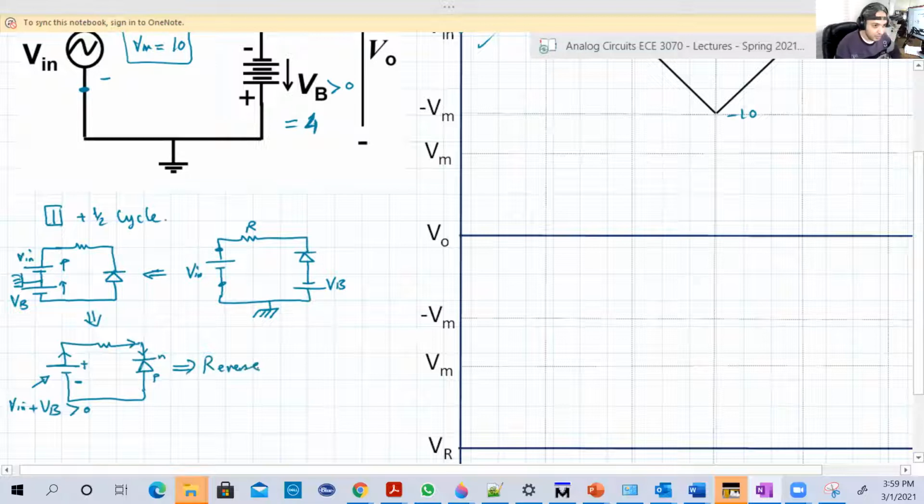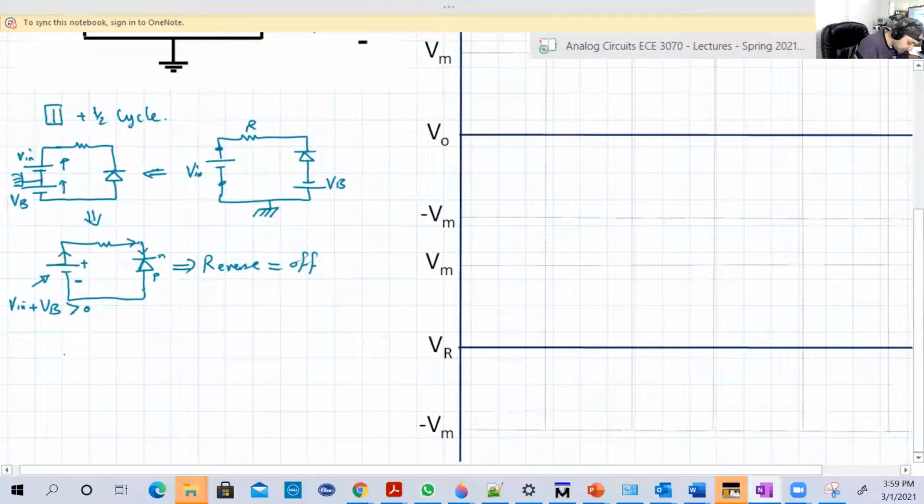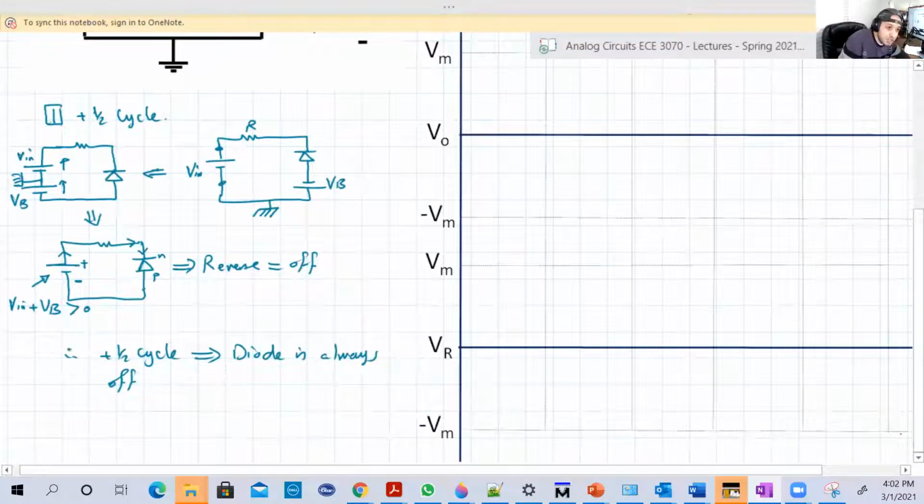So it's off. During the whole positive half cycle, the diode was off. So if the diode is off, then the current is all the time equal to 0.